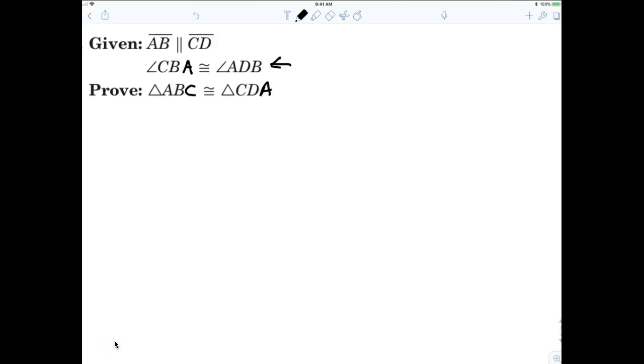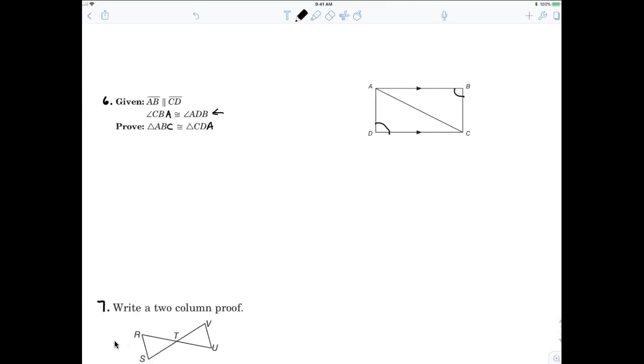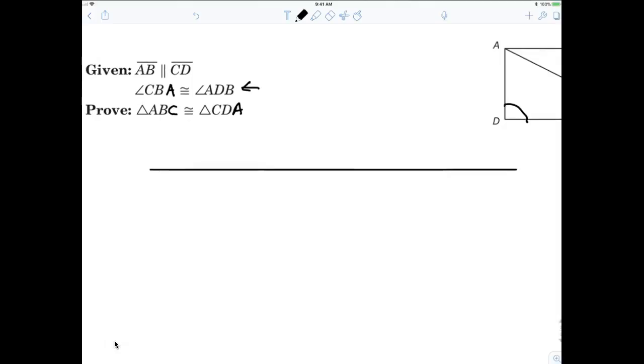All right, so now we're going to make our statements and reasons, just to make sure. Is that right or not? Okay, you put ABB and what? ABC. I changed it to CBA.